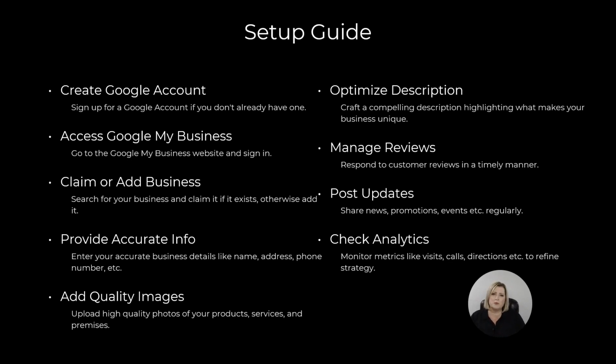Depending on your specific industry, that will be the photos that showcase the solutions that you offer. The next one is a good description. You really want to optimize your description, and you want it to be a compelling description highlighting what makes your business unique. Manage reviews. You want to make sure that you respond to customer reviews.